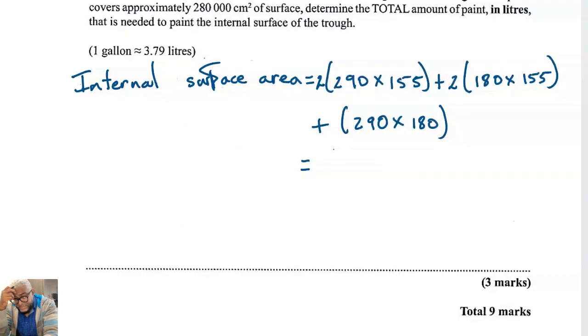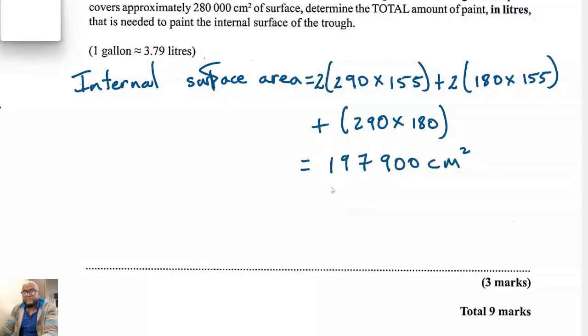How much centimeters squared? Nobody will call that? Dimitri, where you get it? So we have 197,900 is what you get centimeters squared, right?